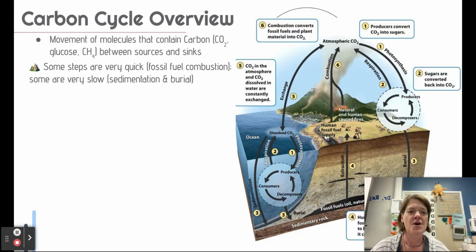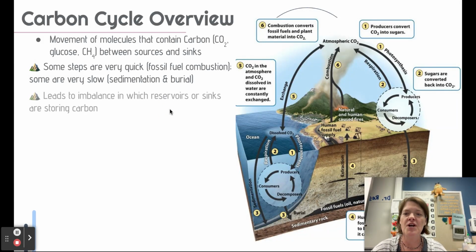Okay, so looking at this picture, we can see the steps of the carbon cycle. It kind of starts with producers converting CO2 into C6H12O6, or glucose. And then from there, that glucose is converted back into CO2. An example would be us breathing out CO2. So that's just a cycle that happens over and over from producers to consumers to decomposers.